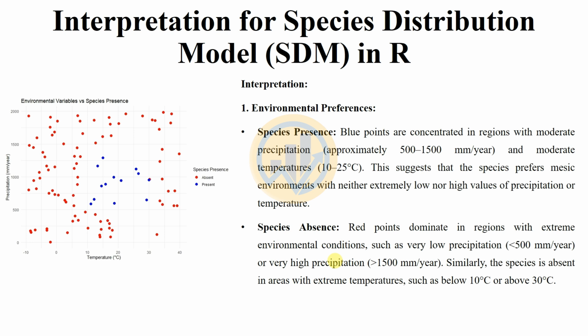Species absence: the red points dominate in regions with extreme environmental conditions, such as very low precipitation, less than 500 millimeters per year, or very high precipitation, higher than 1500 millimeters per year. Similarly, the species is absent in areas with extreme temperature, such as below 10 degrees or above 30 degrees.